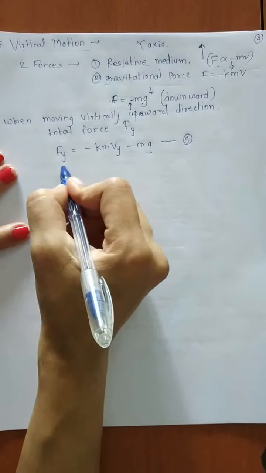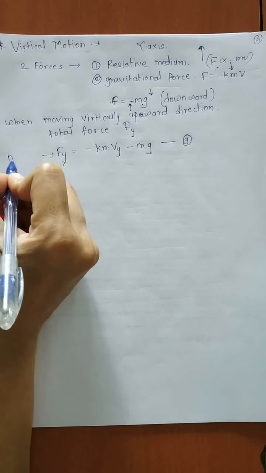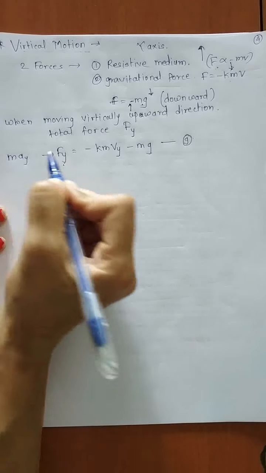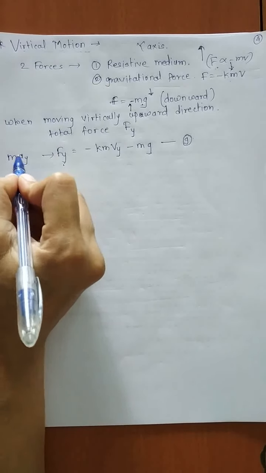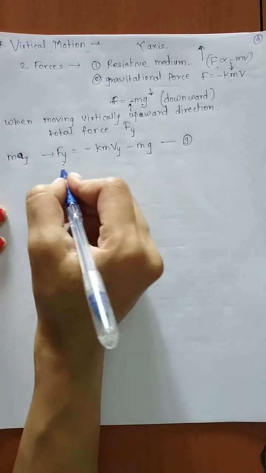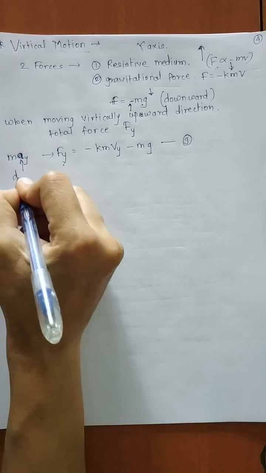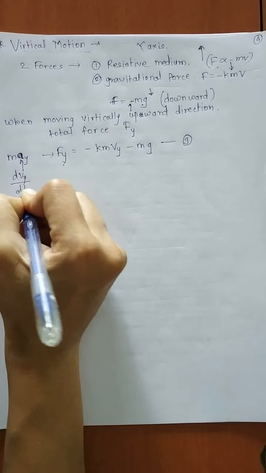Now again we are going to use Newton's second law. F equals ma, that is m a_y. Acceleration is along which axis? The y-axis. So let's substitute this acceleration as dvy upon dt.